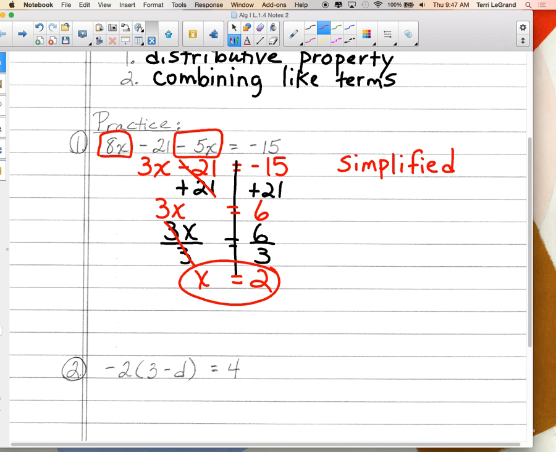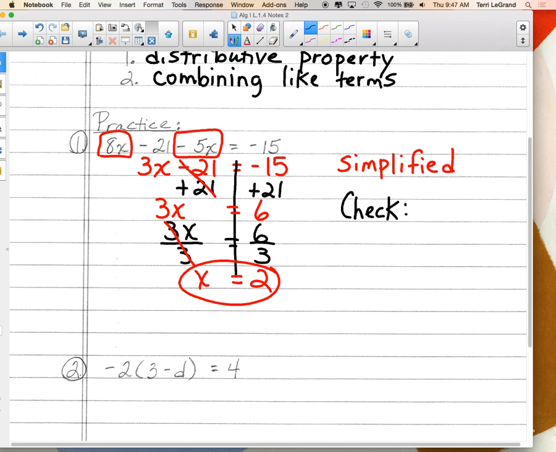Okay, we are going to do a check problem. It says in your homework 24 through 40. So let's practice one right now so that you understand what I mean by checking. Because checking is different than solving, just like simplifying is different than solving. So is checking. So let's do a check.